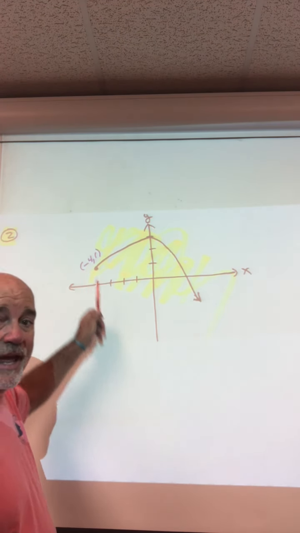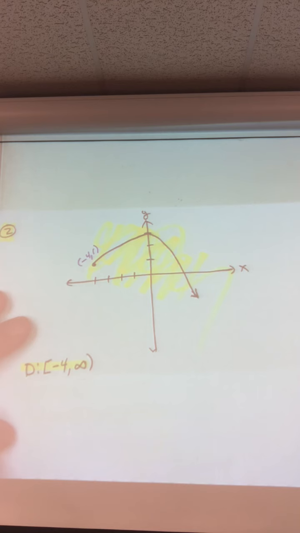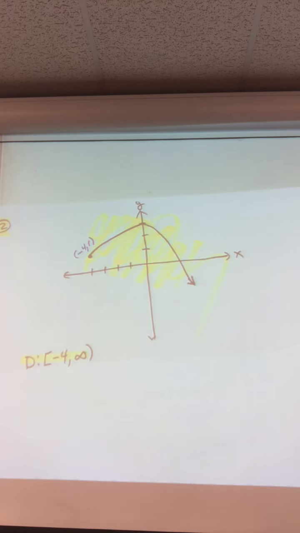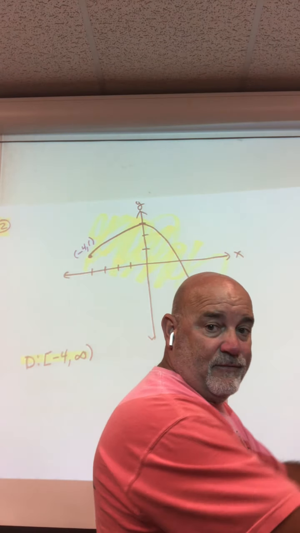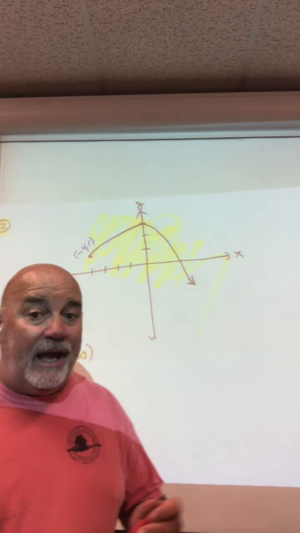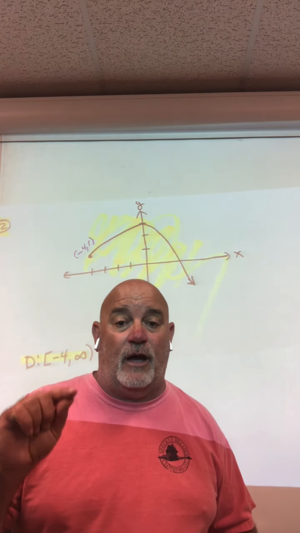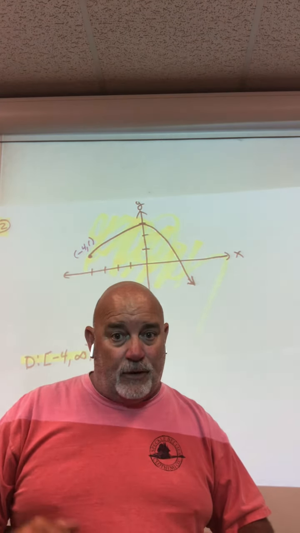So your domain now is from -4, and if it doesn't stop, what do we call that? Infinity. Now let me say again, that infinity doesn't mean because it's going down. That infinity means because it's going to the right forever. Now the range. The range is how far the graph goes from the bottom to the top. It has to be bottom first.